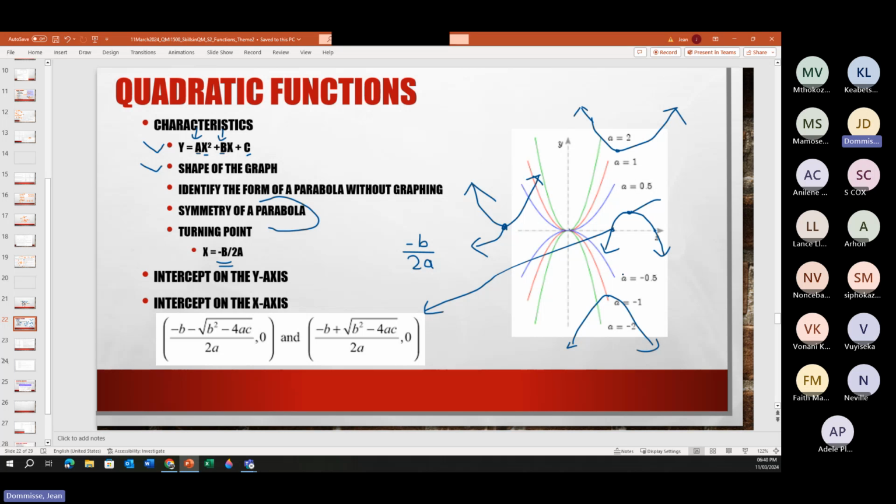Again, they will probably not ask you everything in one question, so they might give you the equation and say what is the turning point and what are the intercepts of the x-axis. They might give you the turning point and the x-axis intercepts, and you need to rewrite it into the formula.